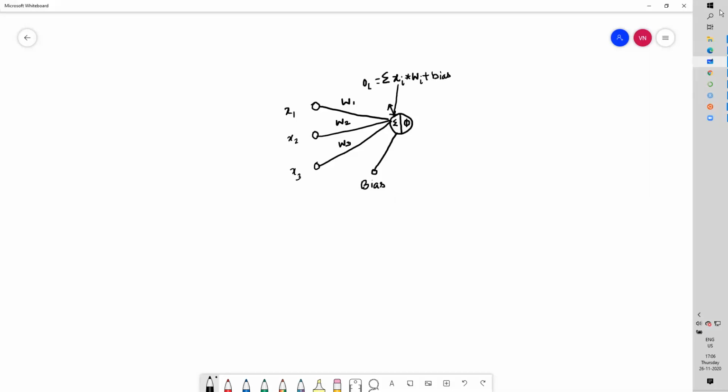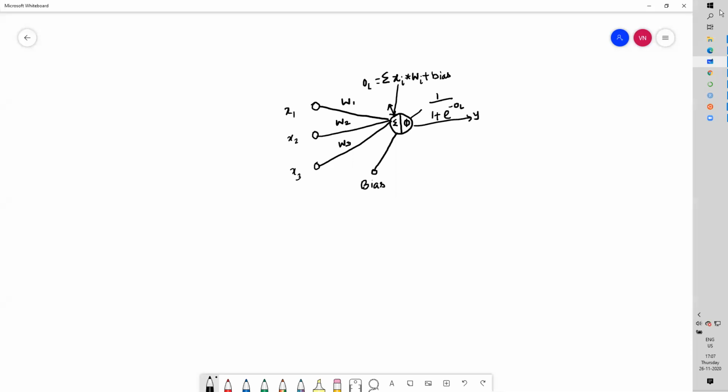And on the activation function phi, I'm going to use a sigmoid activation function, so this is going to be 1 by 1 plus e to the power of minus OL. That would generate our output y. So for this perceptron, today we are going to write a program.